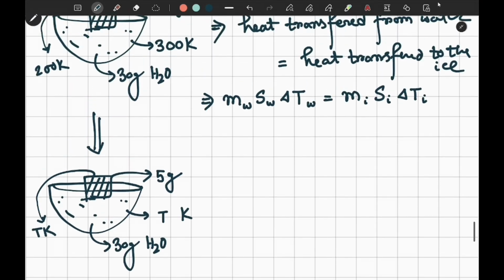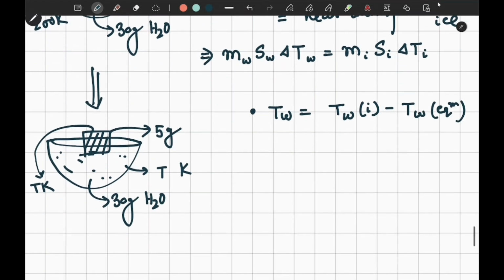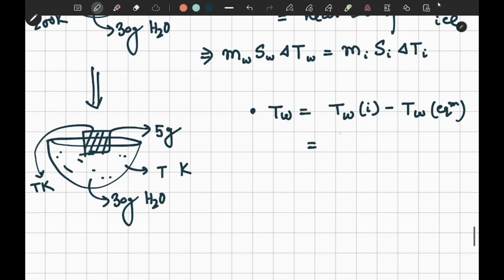So eventually, what will be the del T of water? It should be T water initial minus T water equilibrium. Clear? So it is given that is 300 Kelvin, and this is the quantity we have to find out. So you can write 300 minus T Kelvin.